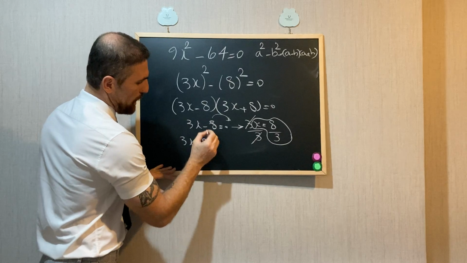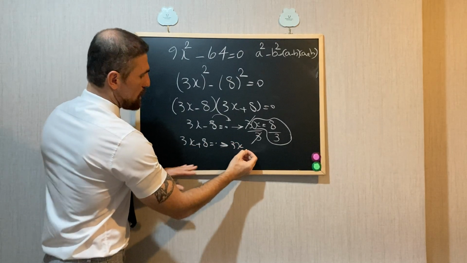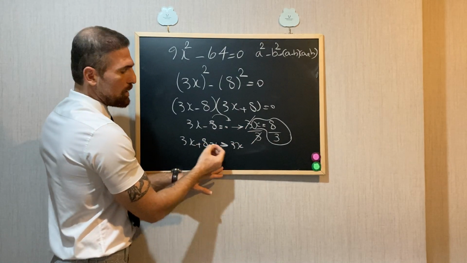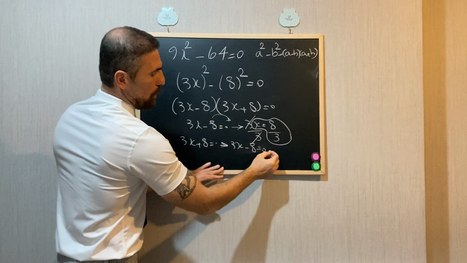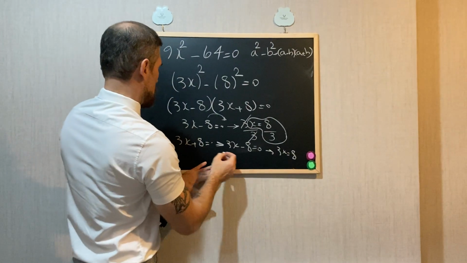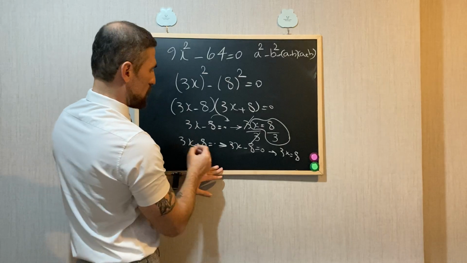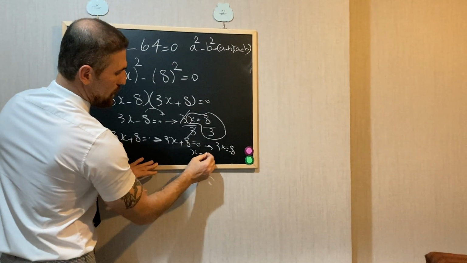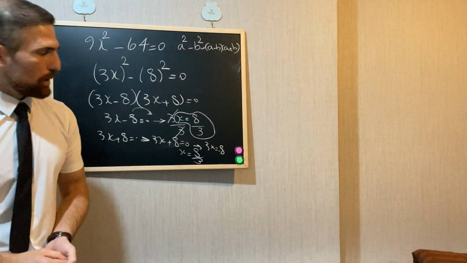Now, the second factor. 3x plus 8 equals 0. 3x, move the positive 8 to the other side, change the sign. 3x equals negative 8. x equals 8 over 3.